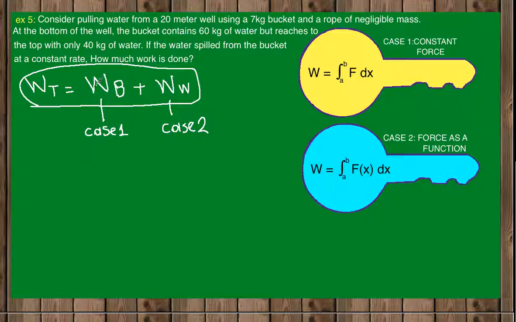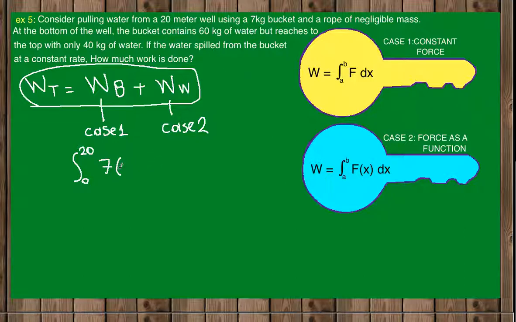So we can set the integral for work bucket, integral from a to b, which is from 0 to 20 because it is pulled up 20 meters. And the mass of the object, which is the empty bucket, is 7 kilograms. But here we have to consider gravity as well because this is the metric system.